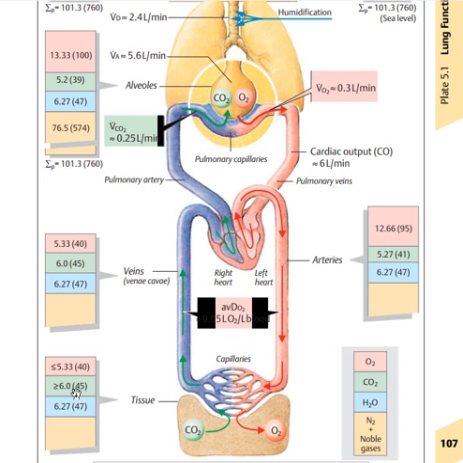Inside the tissues, the pressure of oxygen is 5.30, so it reduces. Carbon dioxide increases to 6.0, and water is 6.27. Then we move up to the veins. In the veins, it is 5.33 for oxygen, 6.0 for carbon dioxide, and 6.27 for water.